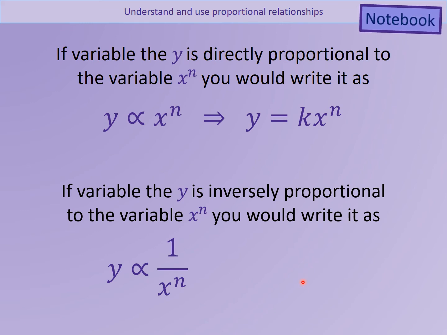So you're looking at 1 over x to the n rather than just proportional to x to the n. How could I change that proportionality symbol though? I can just replace it with an equals. And it's quite normal to put the k at the top, because it's just k times 1. But if you wrote y equals k lots of 1 over x to the n, it's the same answer. There's no difference to them at all.